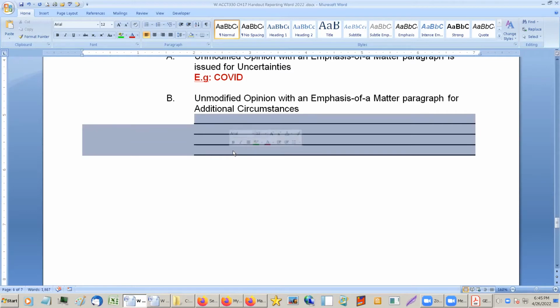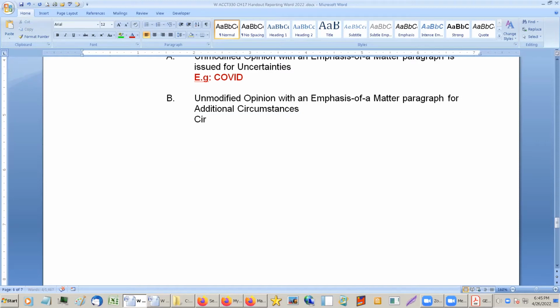This could be for events right after year end.